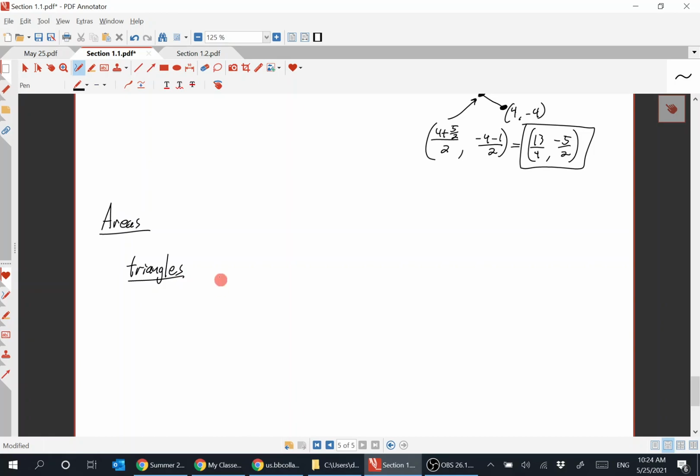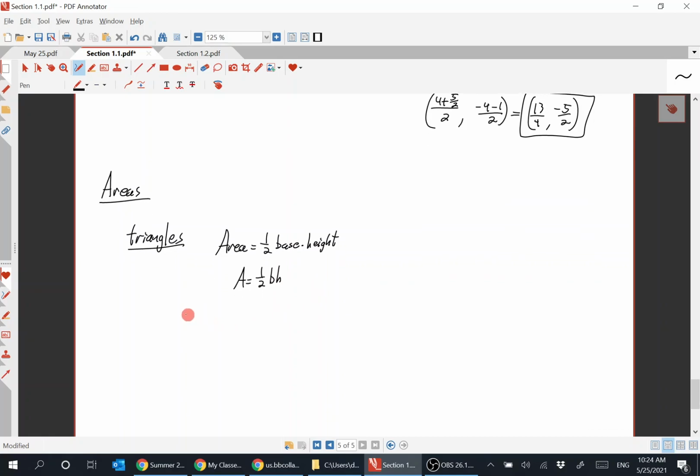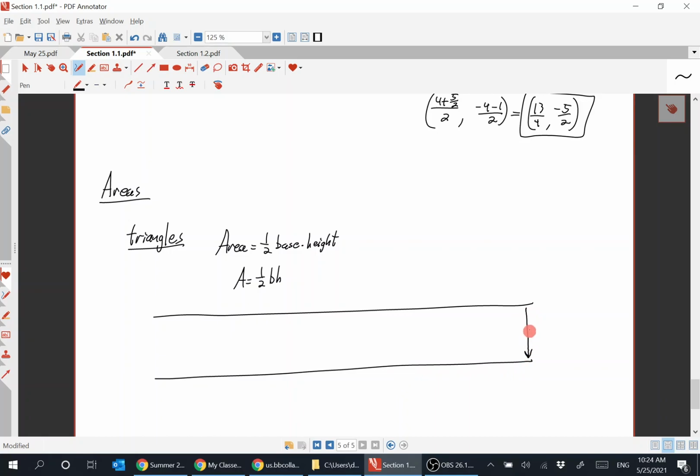With triangles, the area is equal to 1/2 the length of the base times the length of the height. Normally you just write A is 1/2 base times height. Now, what do we mean by base and what do we mean by height? Take two parallel lines like this, whose distance between them is h.